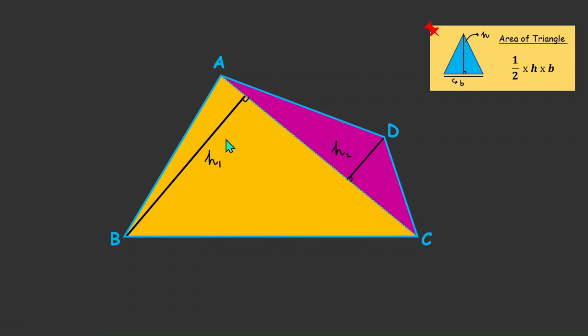Then the area of the yellow triangle is half into H1, which is the height, into base AC, because this is the base. And similarly, the area of the pink triangle would be half into H2, which is this height, into the base, which is AC. So the area of quadrilateral would be the summation of these two areas.